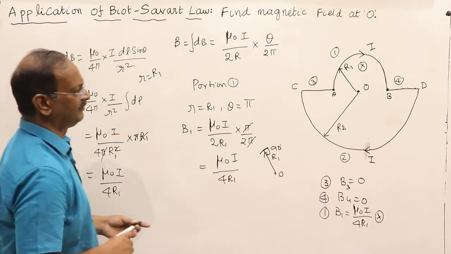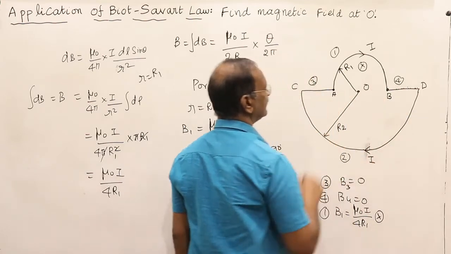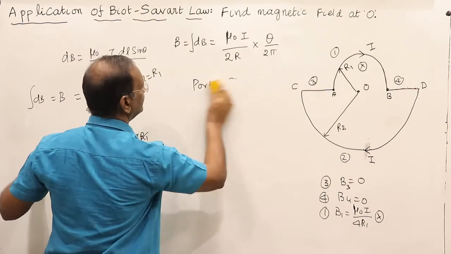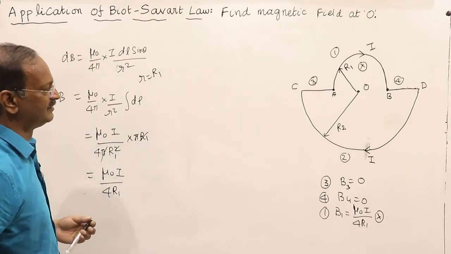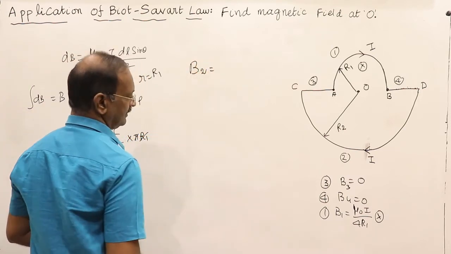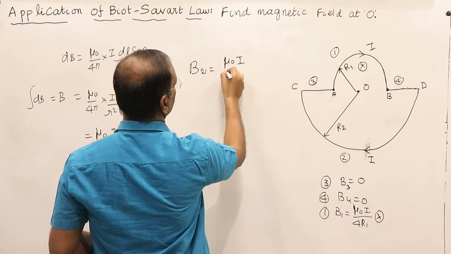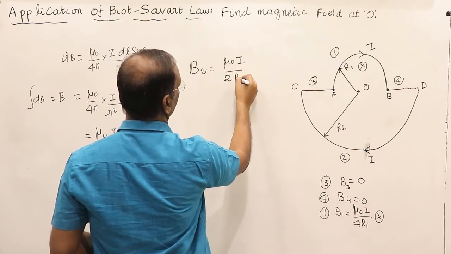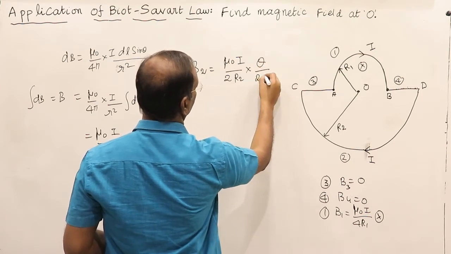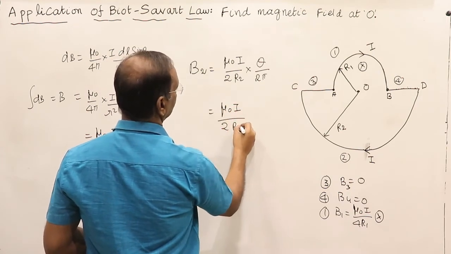Same way we can calculate for this portion. This is also a semicircular portion with the radius r2. So this is portion number 2. For portion number 2, the same procedure follows. B2 is equal to mu naught I divided by 2 into the radius r2 into the angle subtended divided by 2 pi, which is mu naught I divided by 2 r2 into theta.